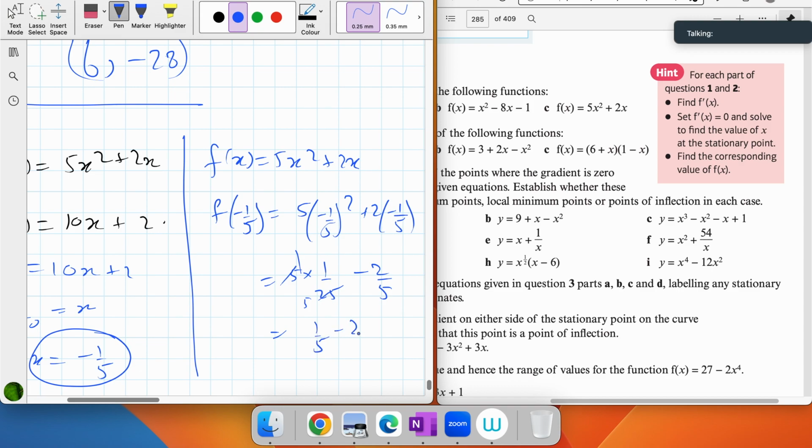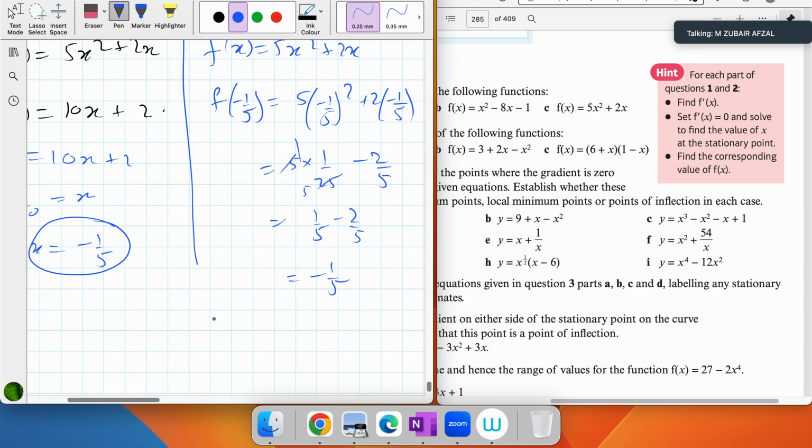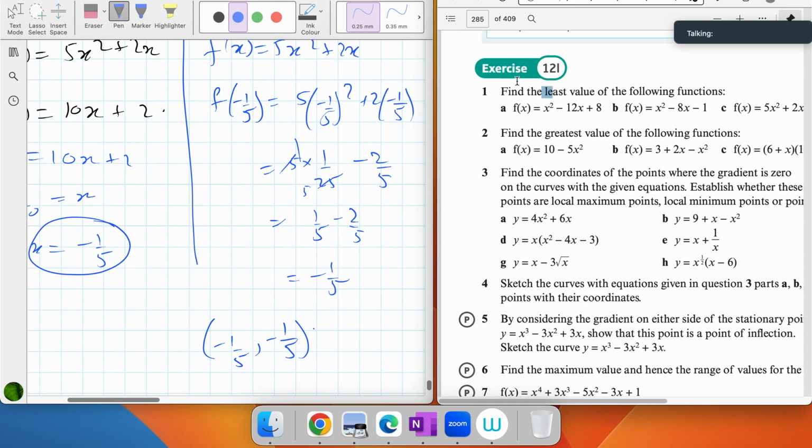So 1 by 5 minus 2 by 5 is minus 1 by 5. So turning point is minus 1 by 5 comma minus 1 by 5. Any confusion till now?